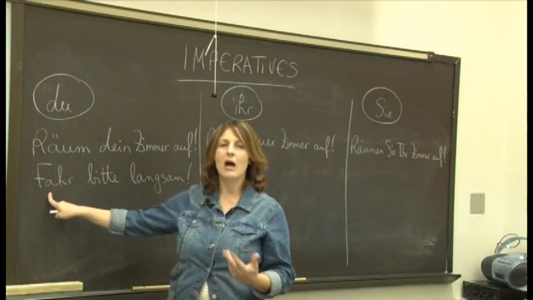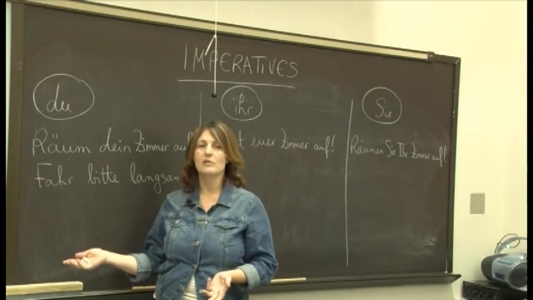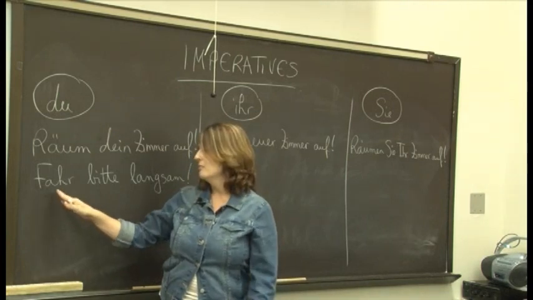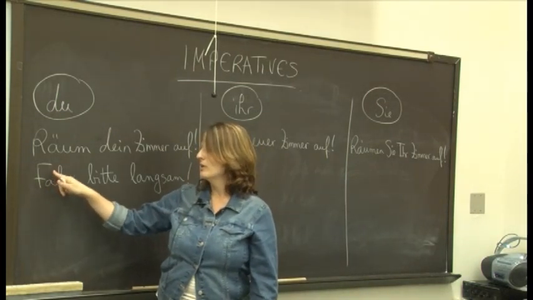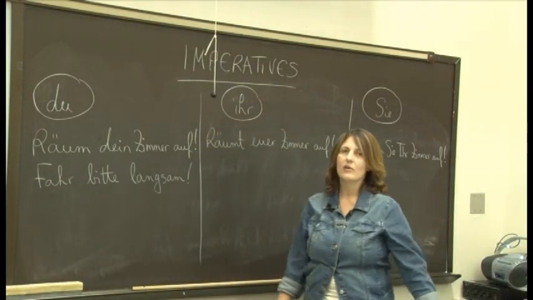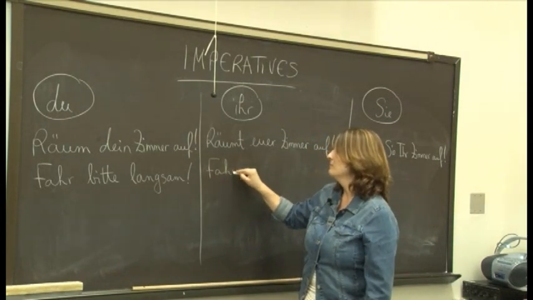The other ones that go from A to E do not do that. So even though normally you would say, du fährst langsam, you're driving slowly, we don't change that vowel, we don't add the umlaut for the imperative, yeah? Fahr bitte langsam. Okay, you have more than one kid, fahrt bitte langsam, yeah?